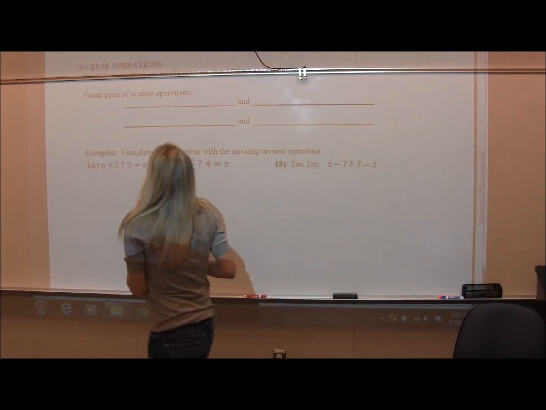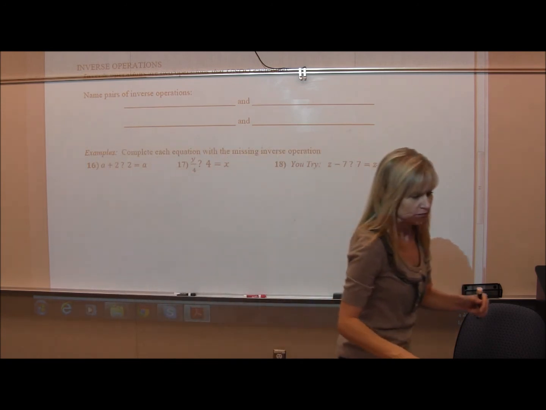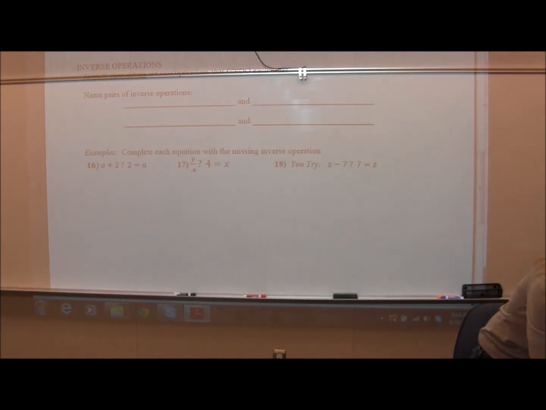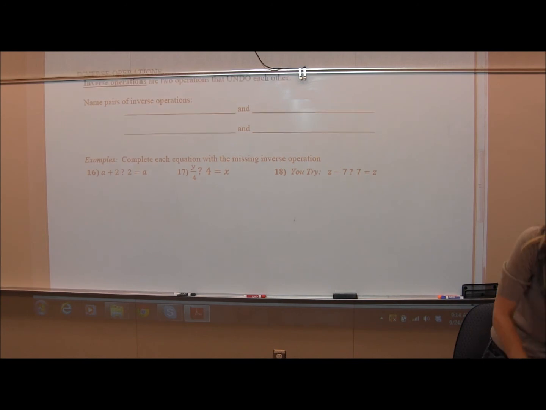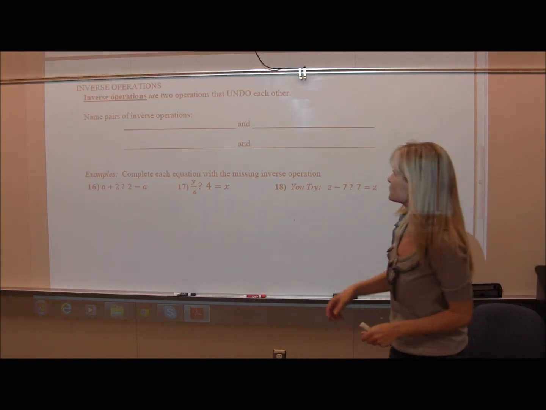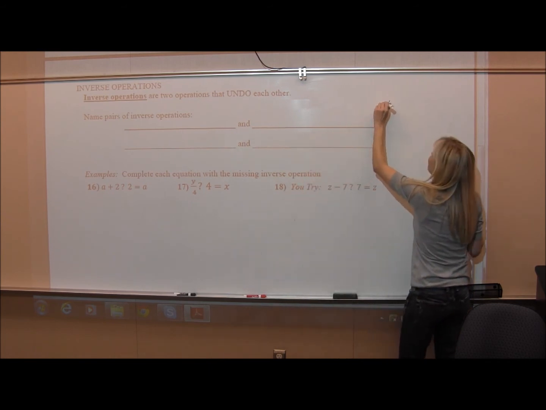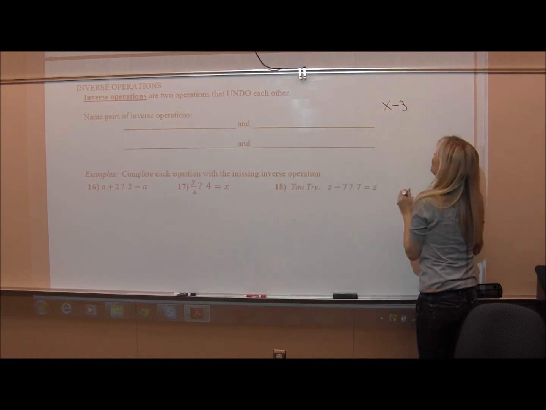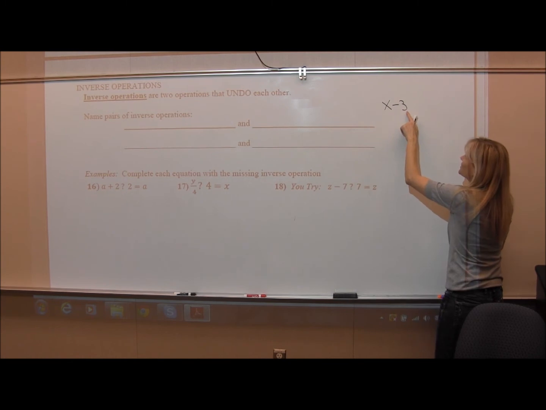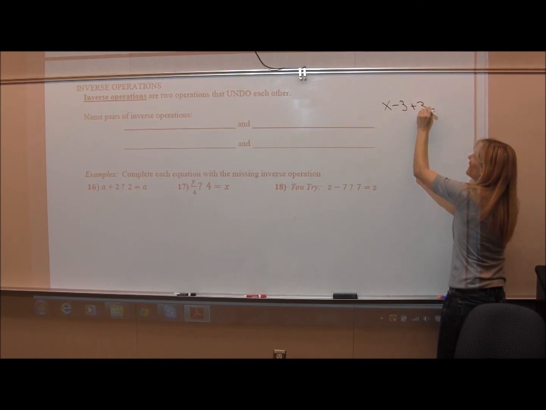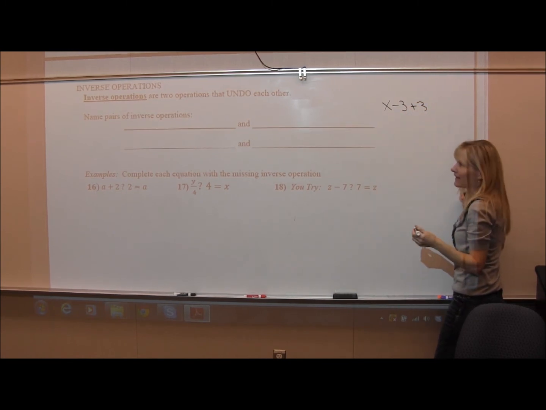Okay. So inverse operations are operations that undo each other. So if I have x and I subtract 3 from it, well, if I want to undo that subtraction of 3, I can add 3. Okay?